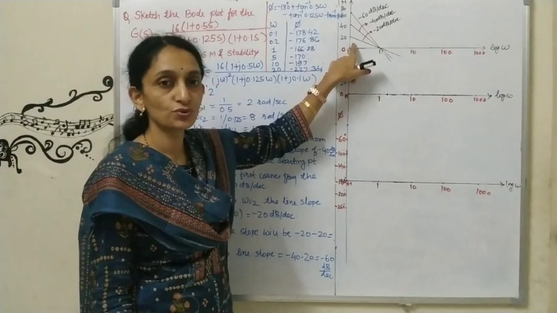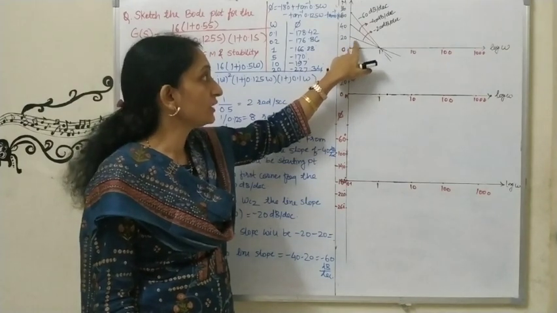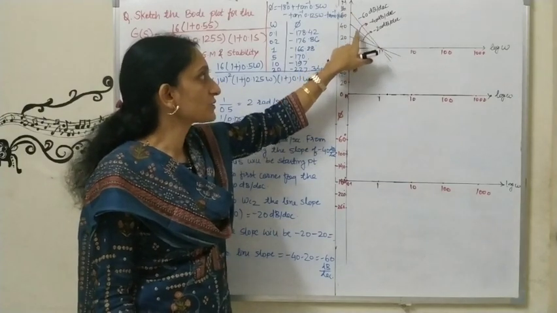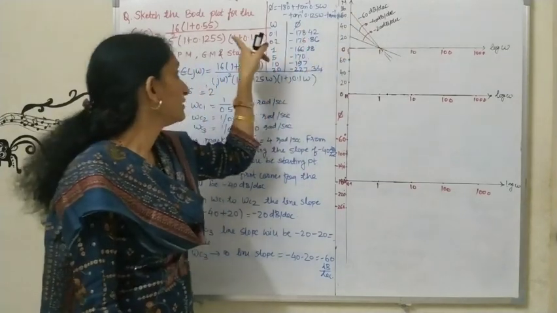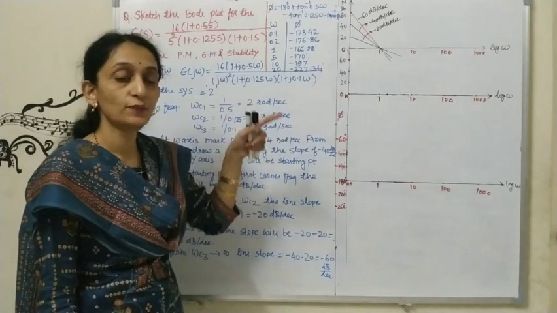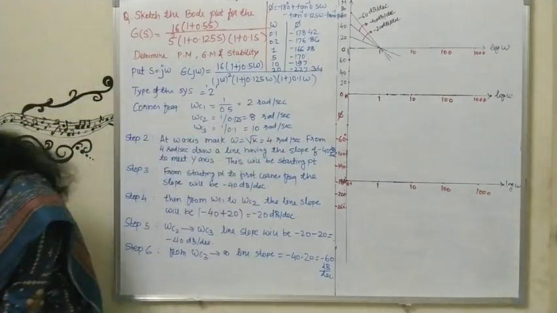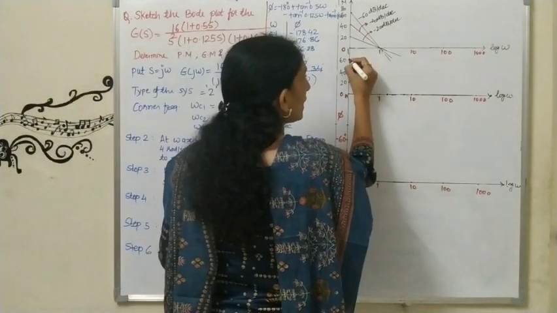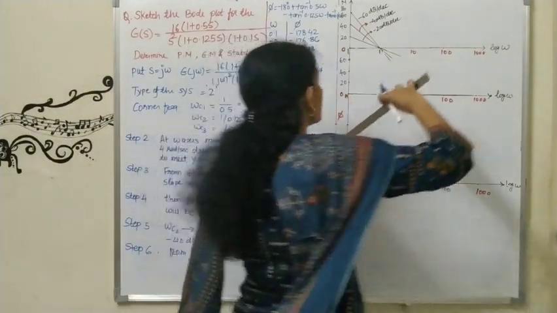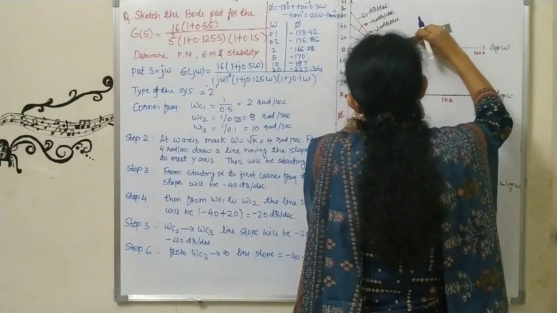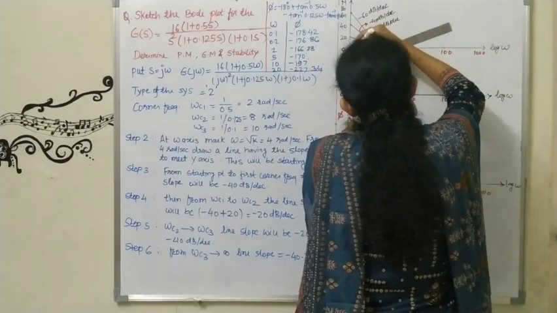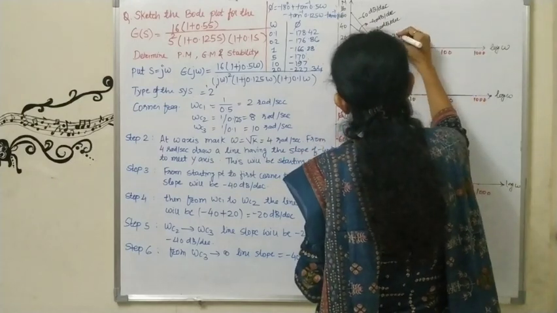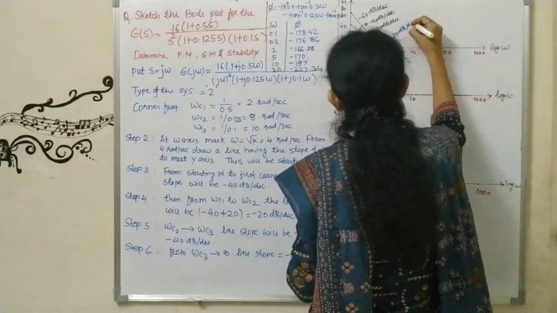In the first part you need to show the line slopes minus 20, minus 40, minus 60, depending. In this numerical you may also need a plus 20 slope, because the zero is there, so my plus 20 slope will be like this.